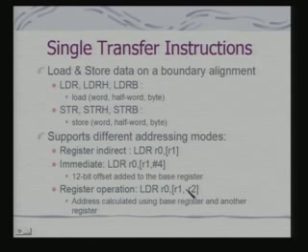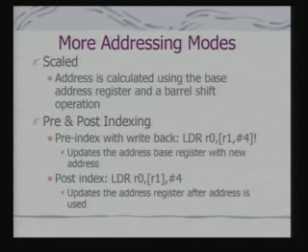This offset is added to the base register to get the memory address. We can even have register operations specified. In this case, I have specified a second register and I have given a minus sign here. It means that there would be an arithmetic operation performed between the content of R1 and R2 for obtaining the memory address. This is true for store instructions as well.